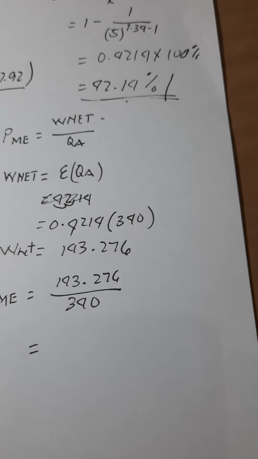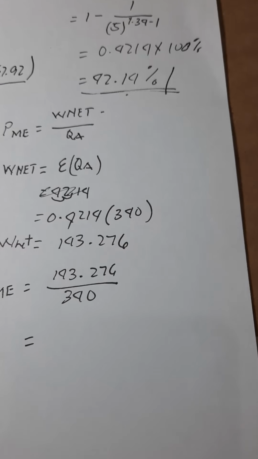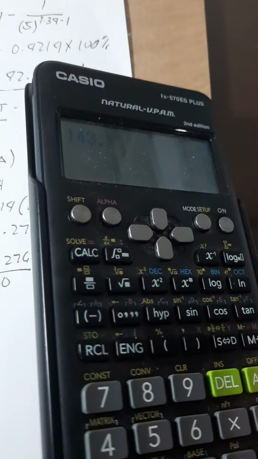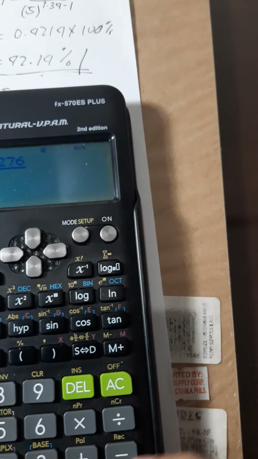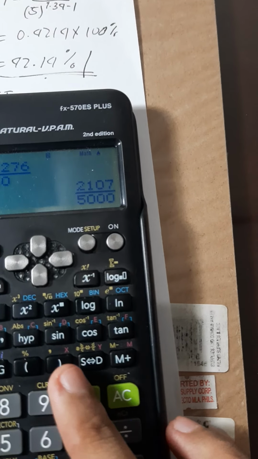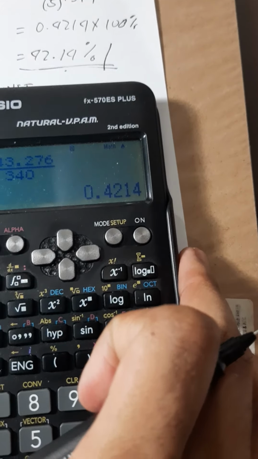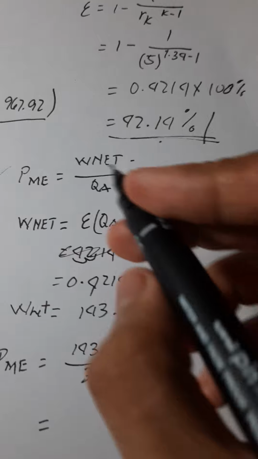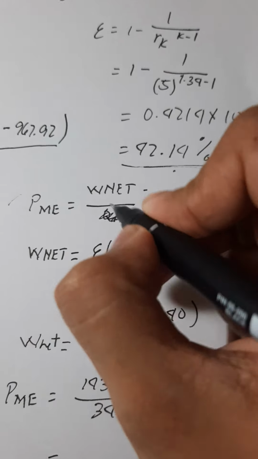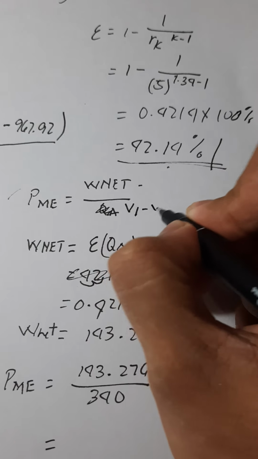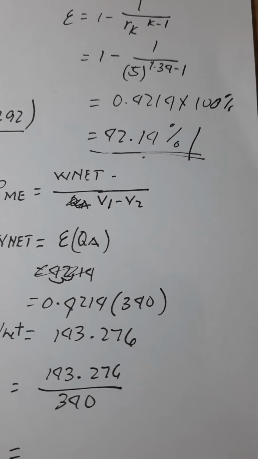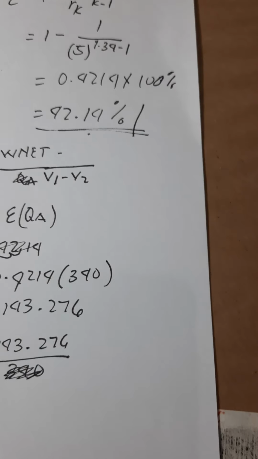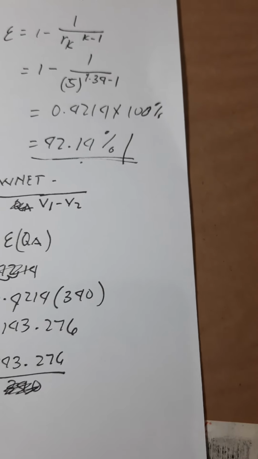So compute 143.276 over 340. Oh, I'm sorry, I got confused. This is not Q added, this is the volume 1 minus volume 2. I got confused. So we have to find the volume 2 because it's not given.